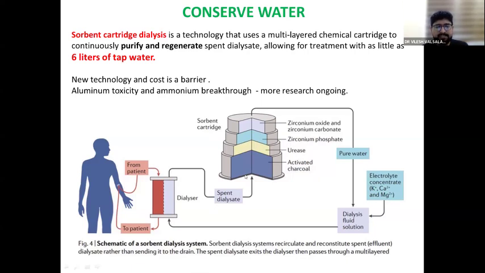As the spent dialysate moves from activated charcoal to the zirconium oxide zone, the waste is cleared, and it almost becomes as good as pure water. To this pure water, they add the electrolyte concentrate of potassium, calcium, and magnesium, and the dialysis fluid solution is ready to recirculate back to the dialysis. So this is a method by which you can conserve water as much as 100 liters per patient.